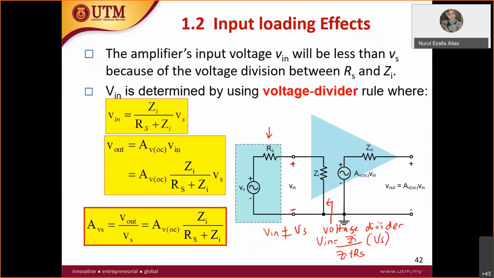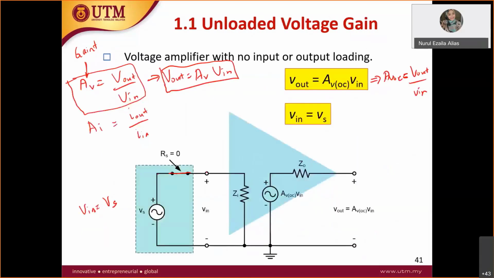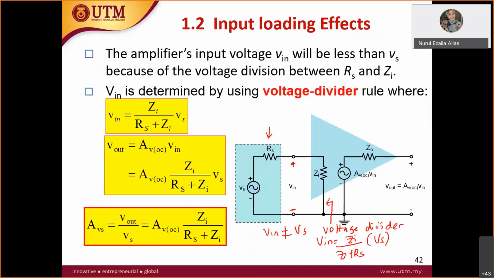When there is Rs, you need to do the voltage divider rule in order to get your V in. But when there is no Rs, you can straight away say that your V in is equal to the Vs. That's how you do it.